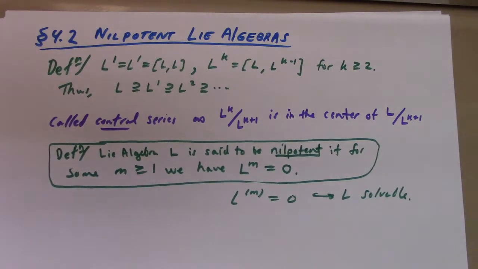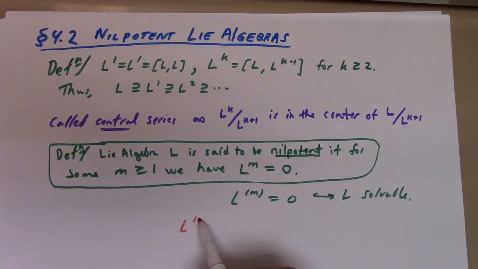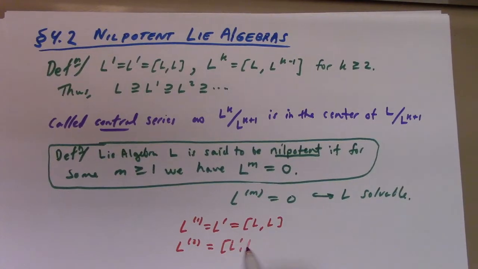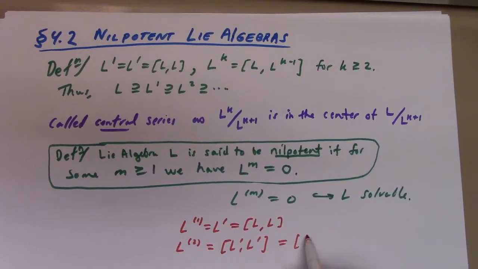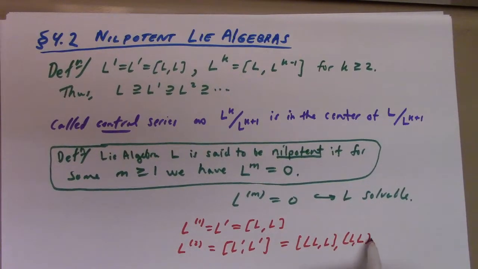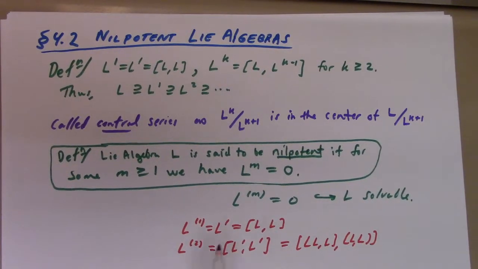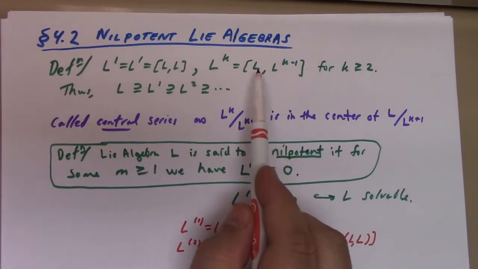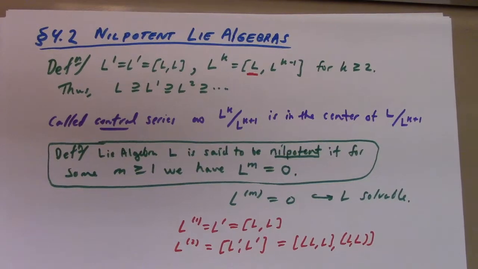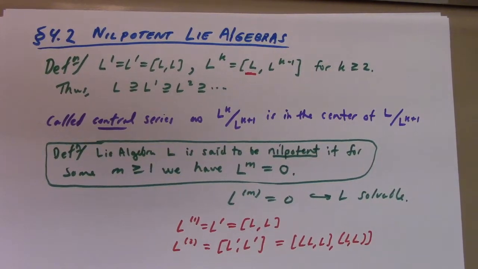L1 was still L prime, which is the bracket of L with L. But then L2 was L prime with L prime, which is the bracket of L' with L'. So in contrast, up here, to form the next one you're always bracketing with the whole of the algebra. That's the difference.